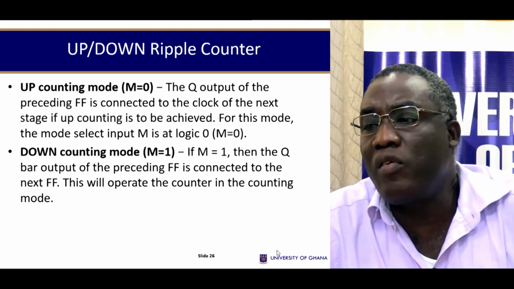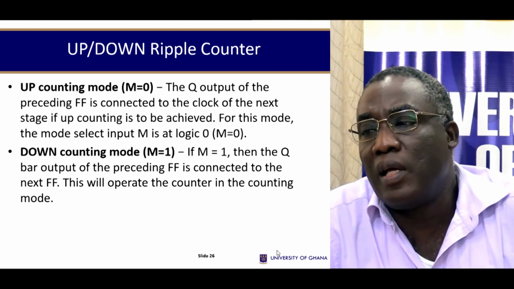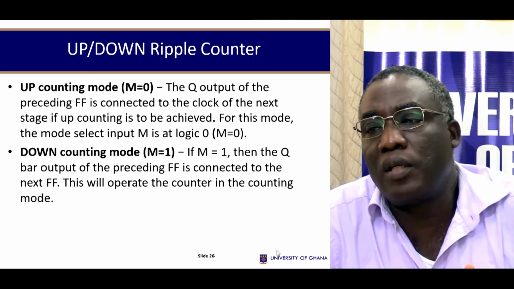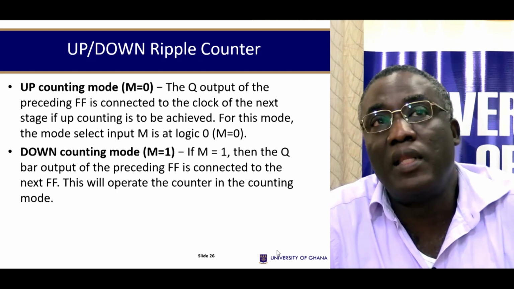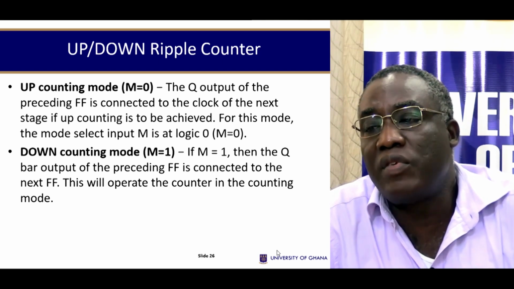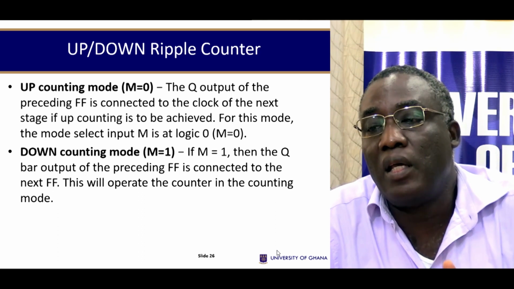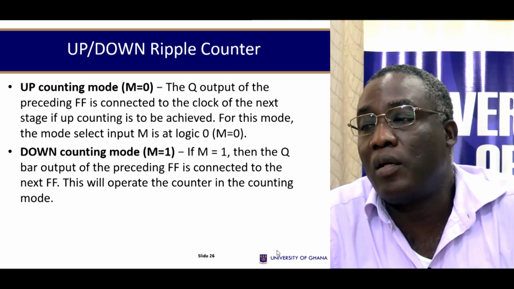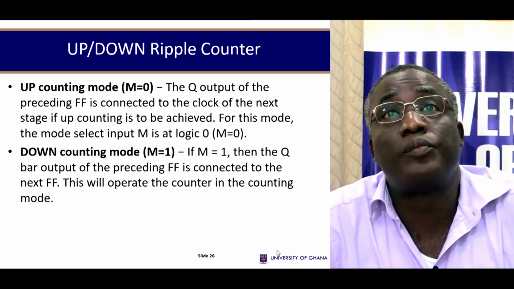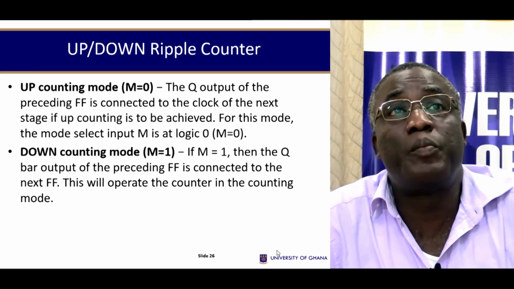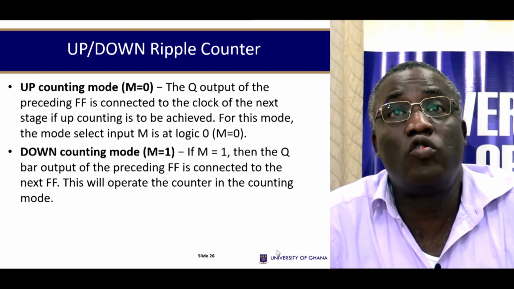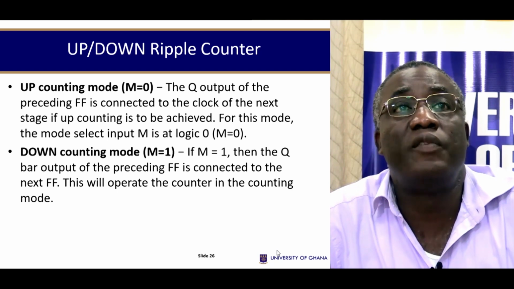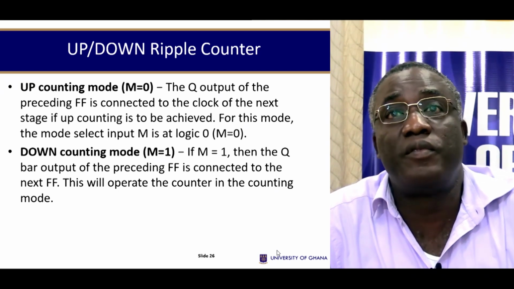In the up and down ripple counter, all the flip-flops operate in the toggle mode. So either T flip-flop or J-K flip-flop can be used. The least significant bit receives the clock directly, but the clock to every other flip-flop is obtained from the Q or the Q bar output of the previous one. So the output of the preceding flip-flop is connected to the clock of the next stage if up counting is to be achieved.